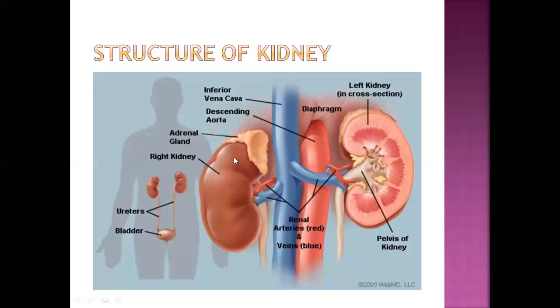Now, a closer look at the structure of the kidney. The kidneys are present on the left and right sides of the body. The left kidney is upper and the right kidney is a little lower than the left kidney.